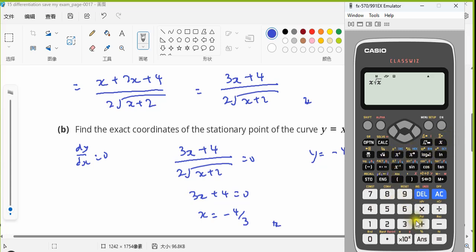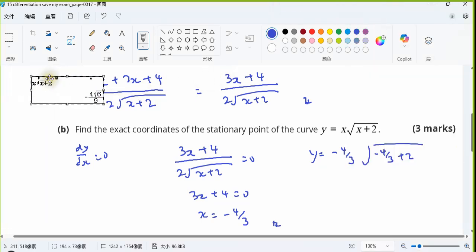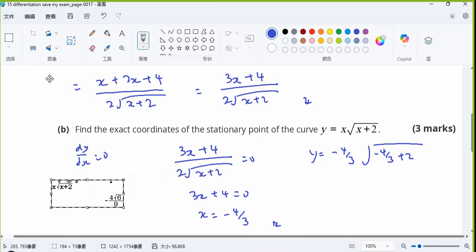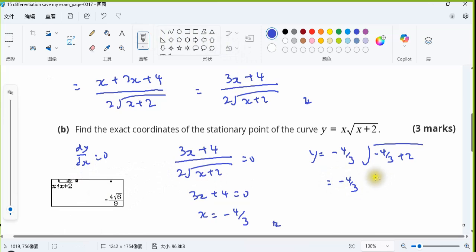So we have x times the square root of x plus 2, when x is negative 4 over 3, then it will be this. Okay, exact coordinate. So it will be negative 4 over 3 times the square root of 1 over 3, so we have 2 over 3.